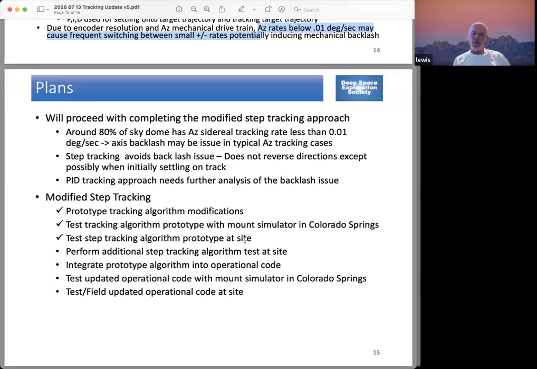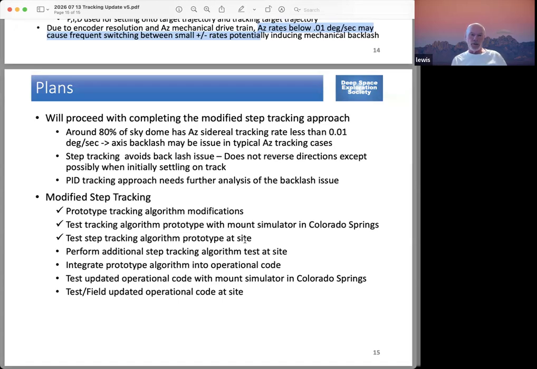And so that's not a major issue. And then the step tracking might reverse direction when it slews to the object, if it comes in from in front of the object, then it has to reverse direction to go in the direction the object is going. But again, that's a one-time switch, and thereafter it just steps through, turns on and off, but doesn't switch direction.